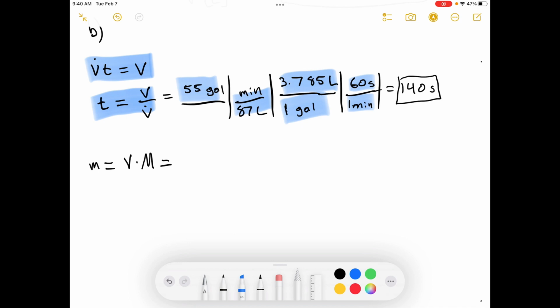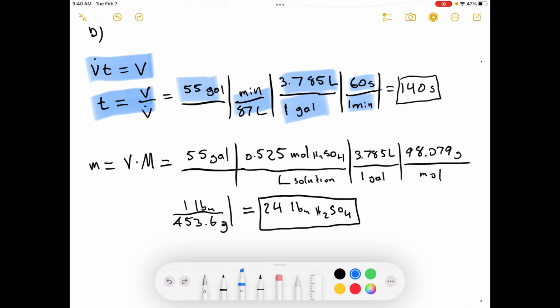So we just have to do the proper unit conversions. Here we have 55 gallons in the drum. This is our molarity that we just calculated. And then we do the unit conversions, liters to gallons.